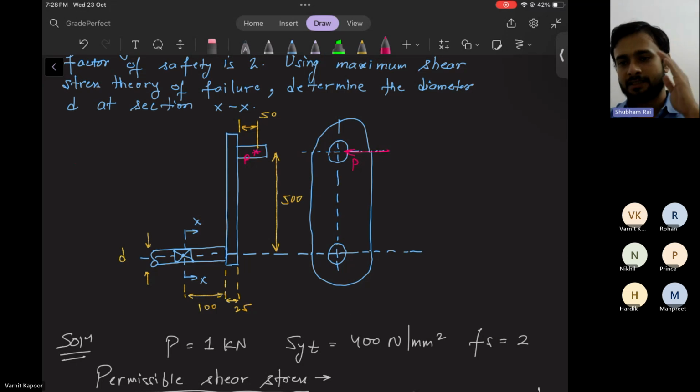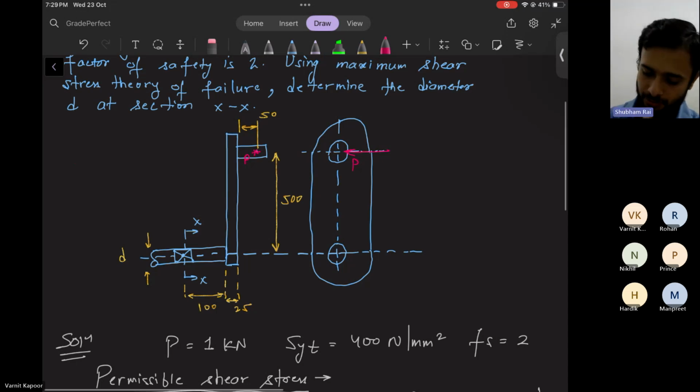Because here there is a section XX, and here the force is acting. This force will do bending of this shaft in this direction. The moment is the distance between the point at which you want to measure the moment and the line of action of the force. So this distance is 100 plus 25 plus 50, and this much bending moment will be introduced.